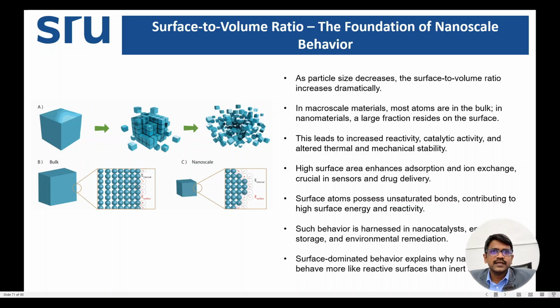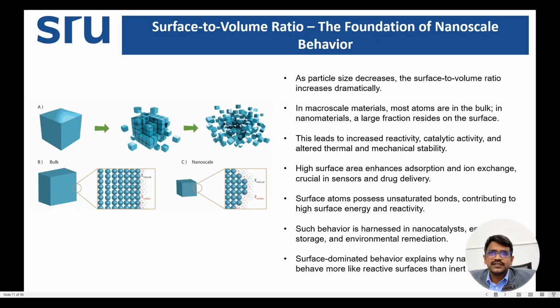But whenever you cut this bulk material into a number of pieces, many faces come into the picture. Many faces are ready to interact with the surrounding medium. So that is the reason for the increase in surface area.